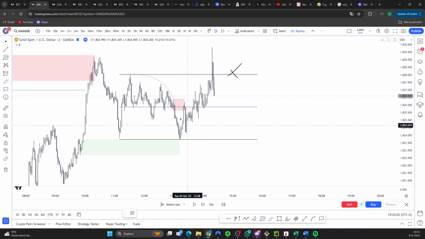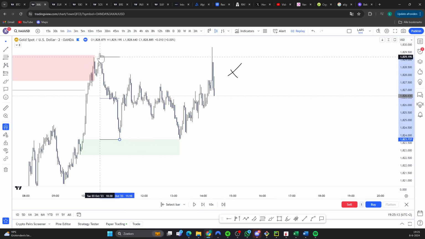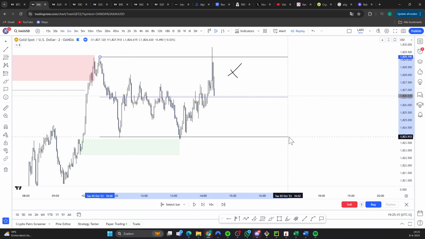If this was 1 minute structure, maybe you could have tried it, but I wouldn't. Nah, no, I wouldn't do it. Now we can actually look at it from a different perspective. That's your range high.